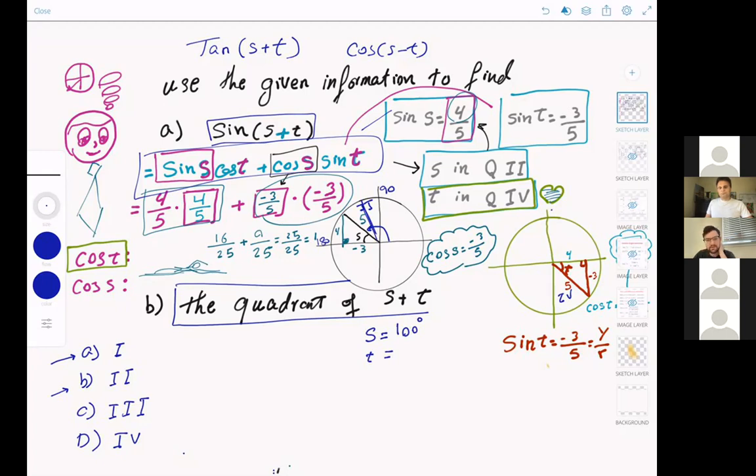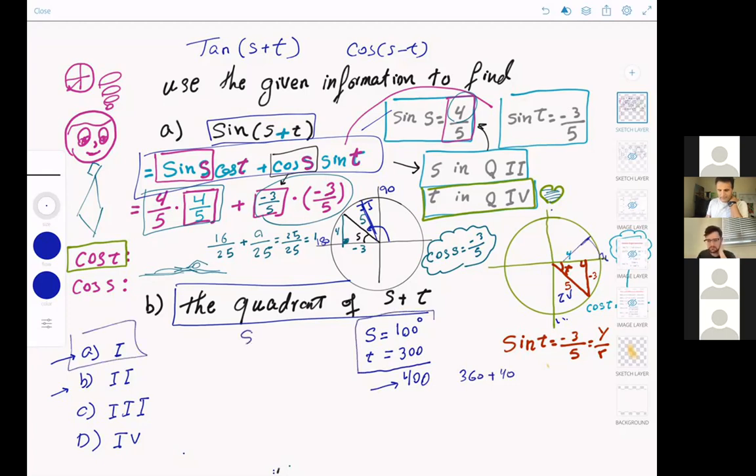Between 270 and 360. Very good. So we can randomly pick 300. If we add them, what degree do we get? We get 400. So which quadrant is 400? Quadrant 1, this is 360 plus 40. It gets somewhere around here. So quadrant 1.